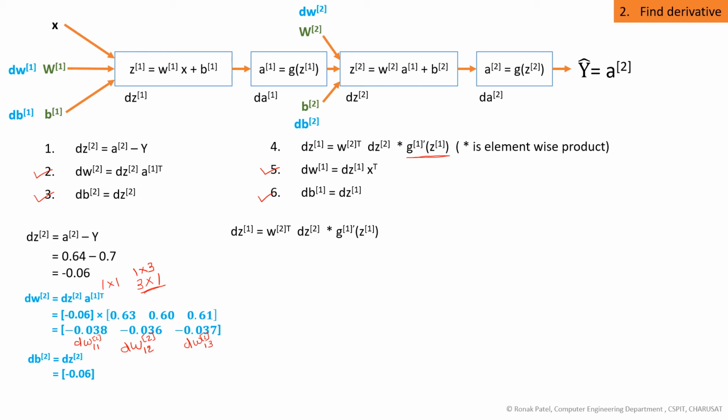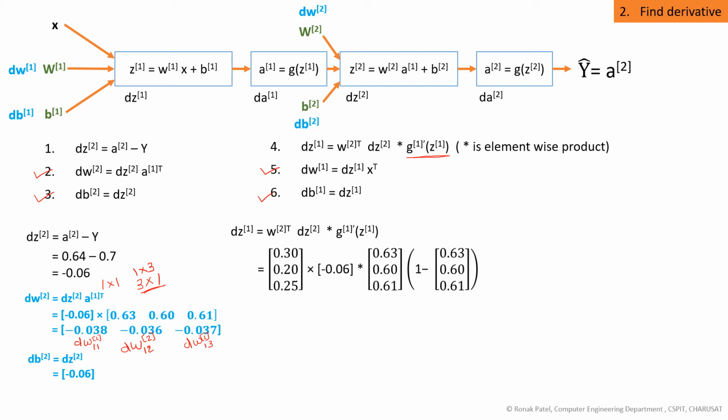Before the transpose, w2 is 1 cross 3 and dz2 is 1 cross 1, so you cannot perform multiplication. So we take the transpose, and after the transpose, w2 is 3 cross 1 and dz2 is 1 cross 1. Now you can perform multiplication, and the resultant matrix will be 3 cross 1.